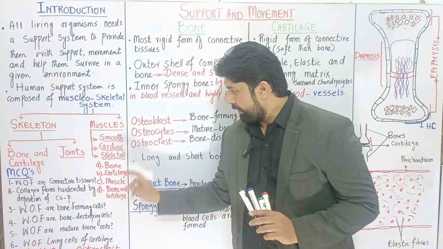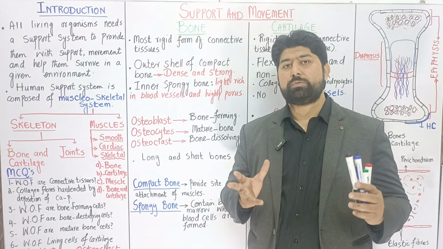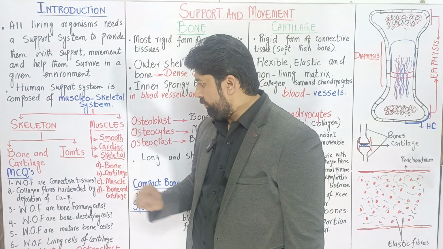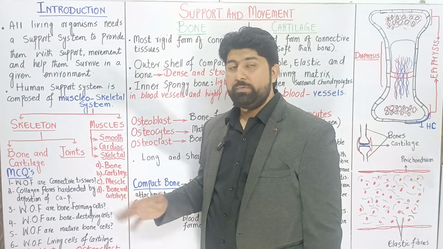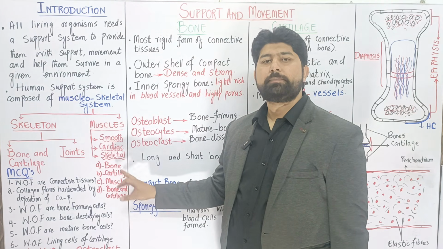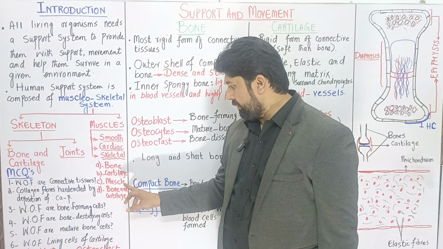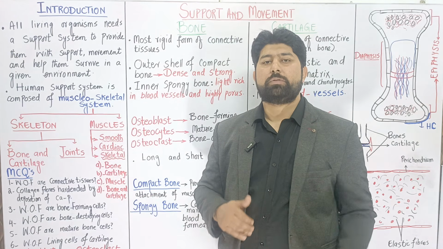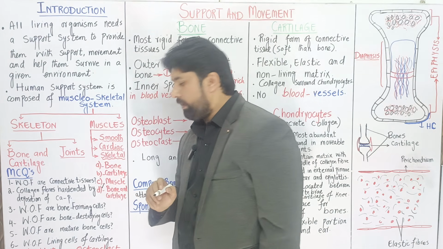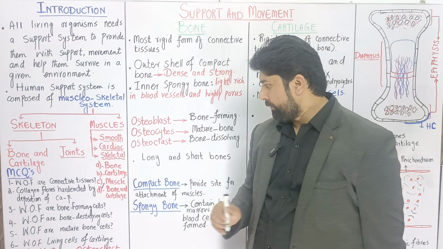So if the examiner asks you a question like which of the following are connective tissues, they give you the options like bone, cartilage, muscles, bone and cartilage. So the right answer for this question is bone and cartilage.